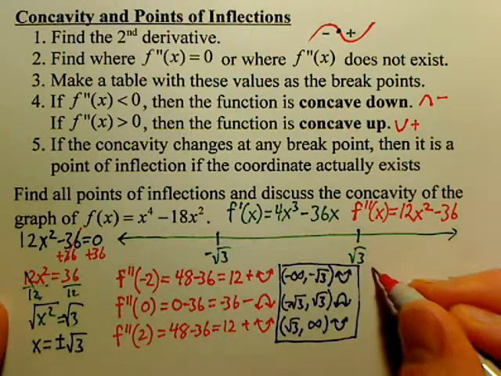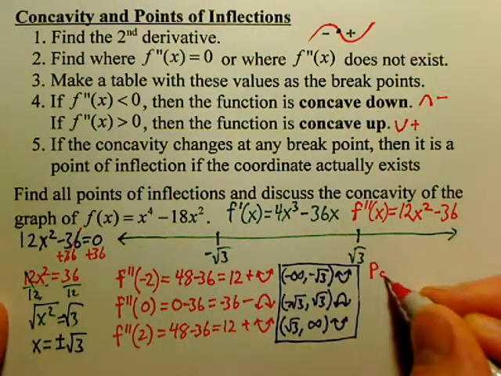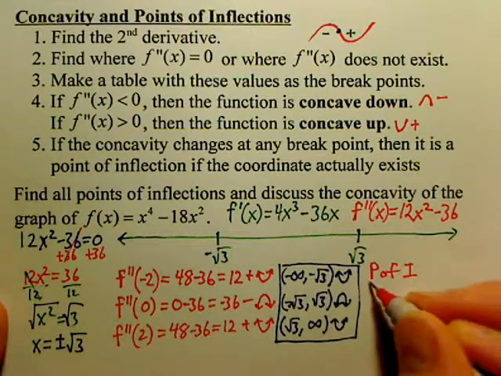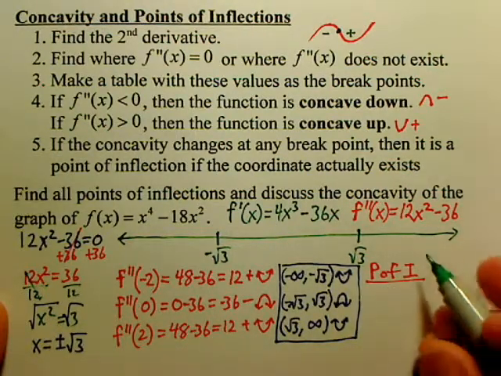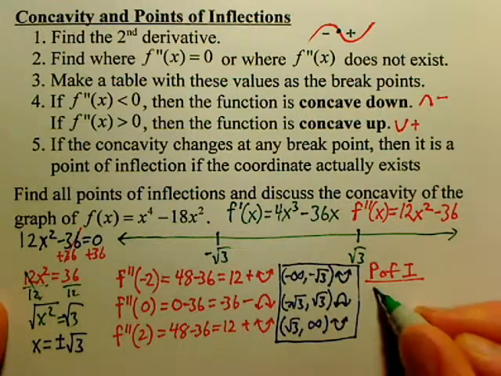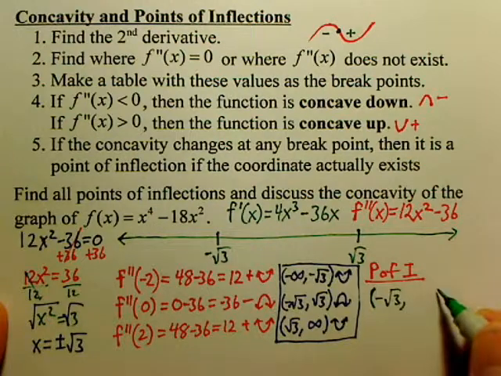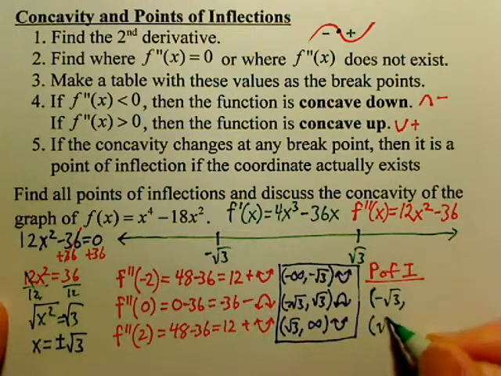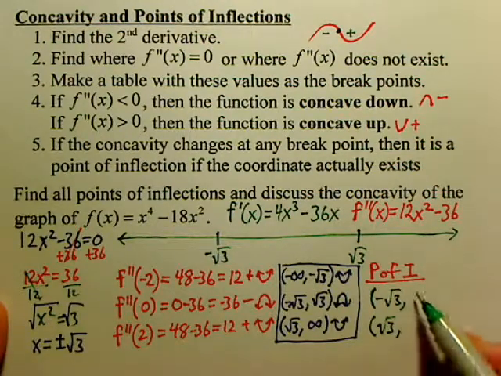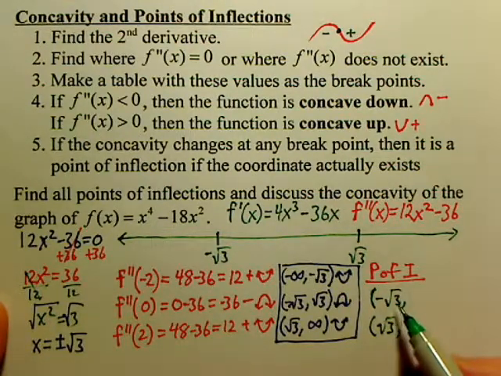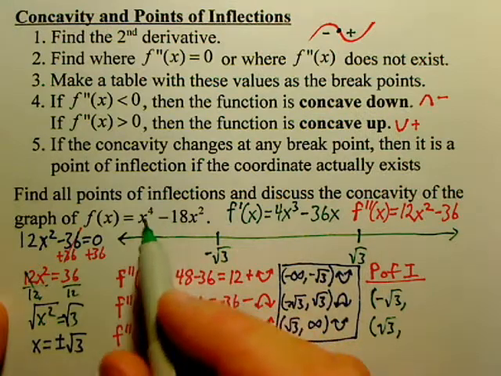Well, my points of inflection, I call P of I, since points of inflection is kind of a long word. You don't have to call them that. And I want to find coordinates here. So I would have negative square root 3 comma something and the square root of 3 comma something. Now, what would the values be if I plugged them into the original function?